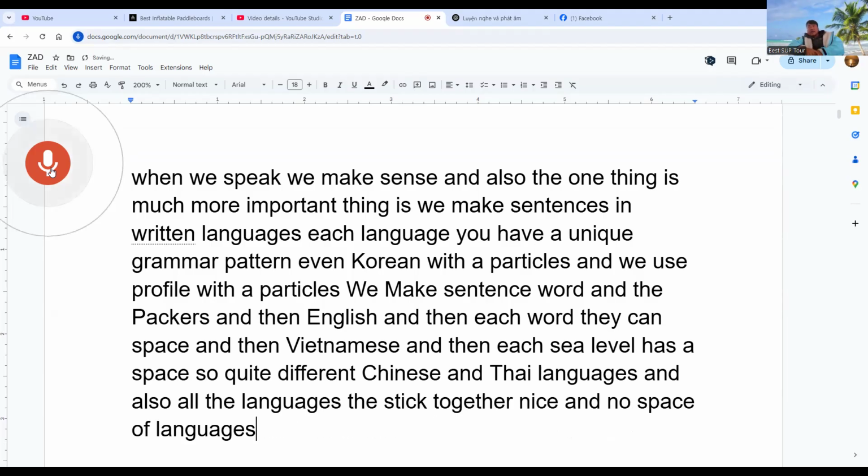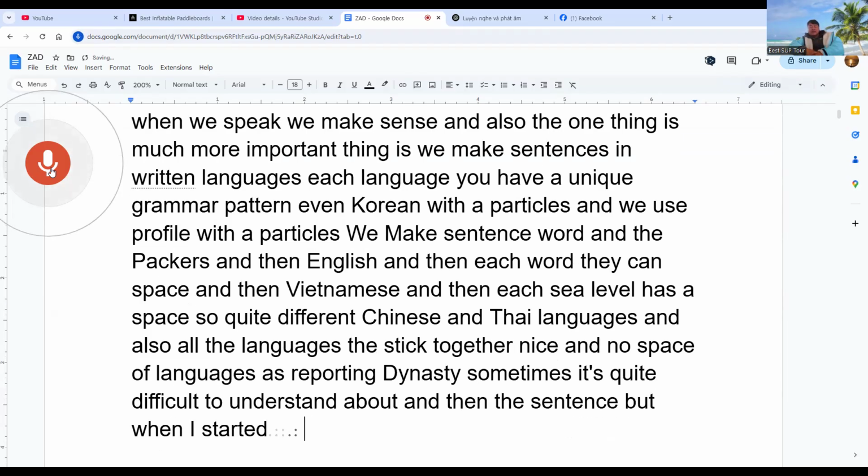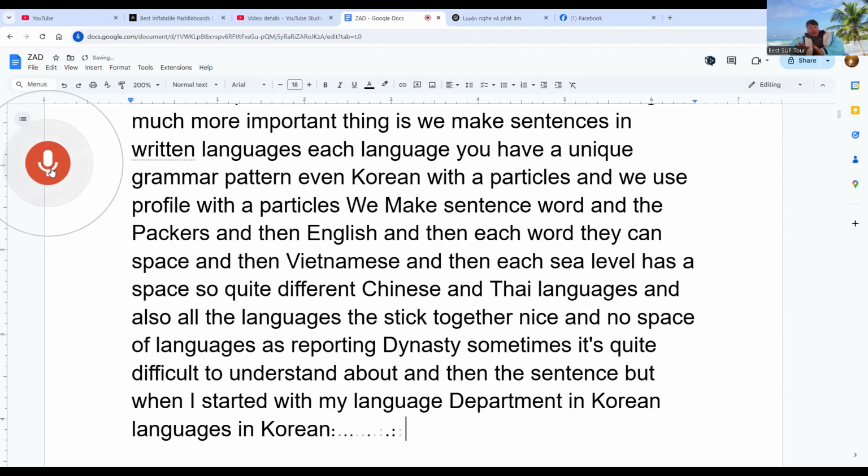As foreign learners, it's sometimes quite difficult to understand the sentence. But when I studied with my language partner, he wrote in Korean without spaces.